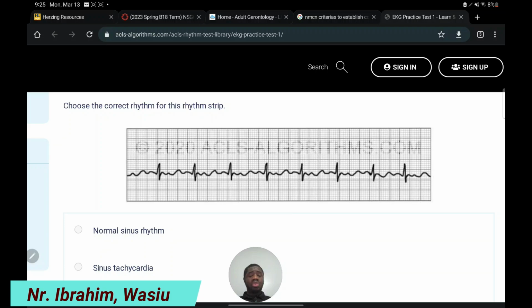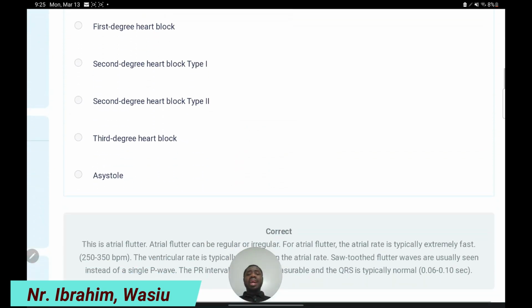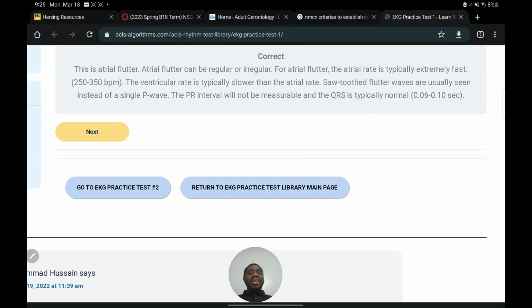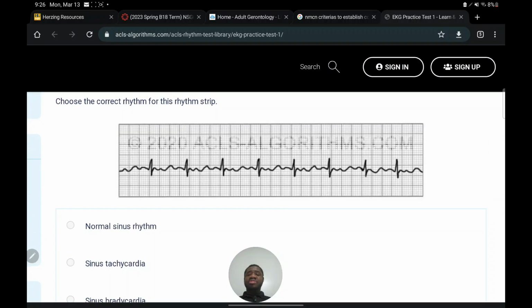It is regular, like we said earlier on, and also the atrial rate is typically extremely fast. The atrial waves are more than the QRS complexes, for instance, 1, 2, 3, 4, 5, 6, 7, 8, 9, 10, 11, 12. That is the number of atrial waves.